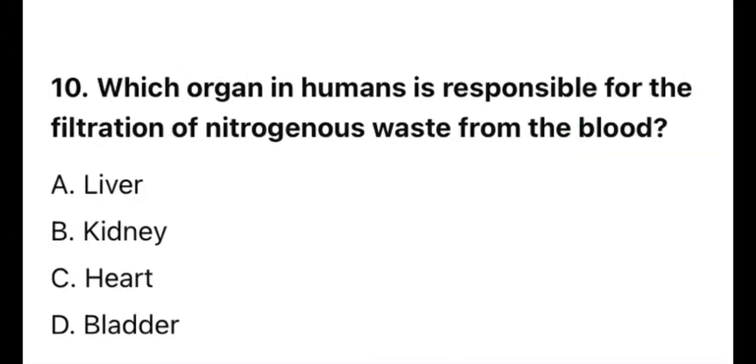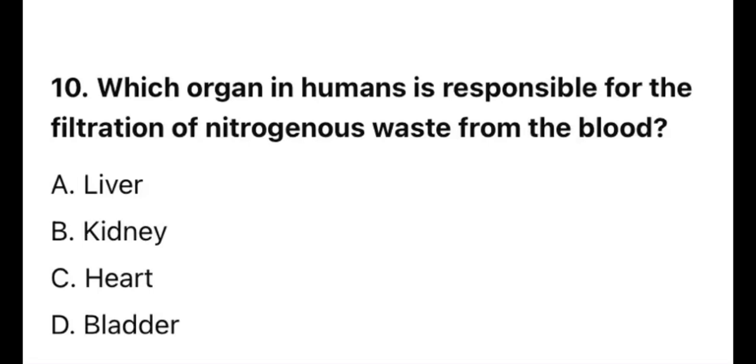Question 10 says, which organ in humans is responsible for the filtration of nitrogenous waste from the blood? Option A, we have the liver. B, we have kidney. C, we have heart.